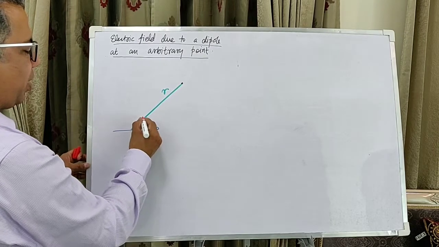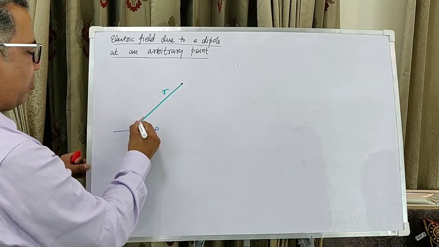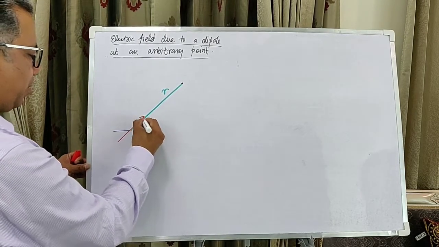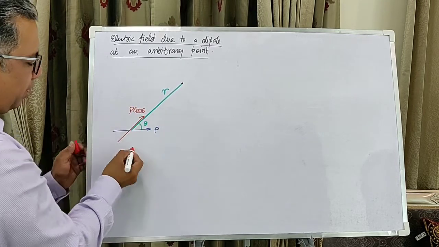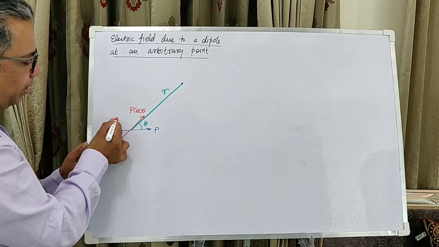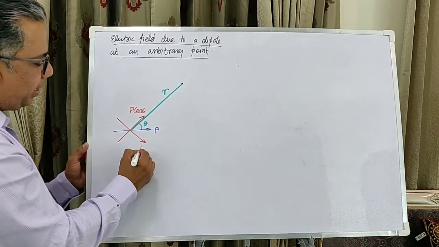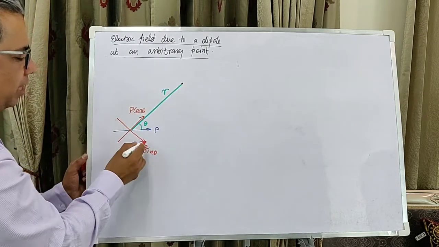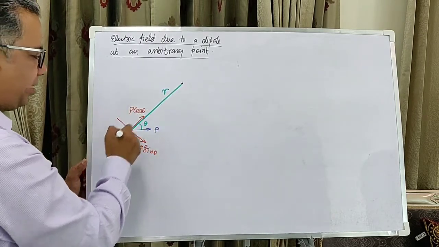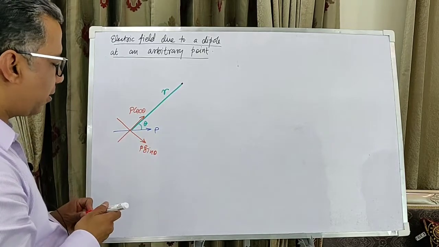One component is the one that's directed along r. Now this component will be p cos theta, and the other one is p sin theta. Now p sin theta is perpendicular to r and p cos theta is directed along r.